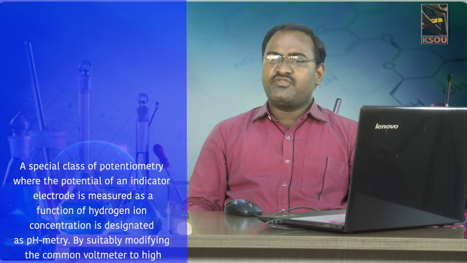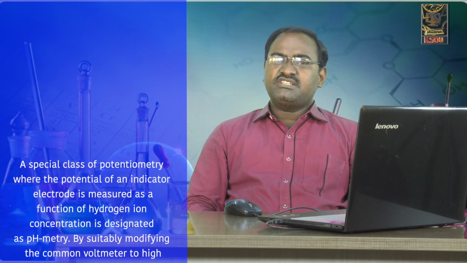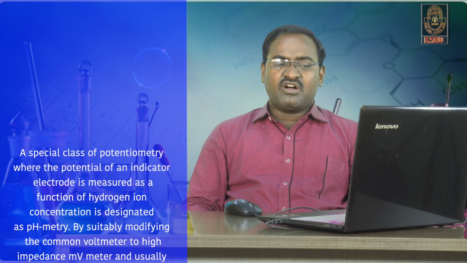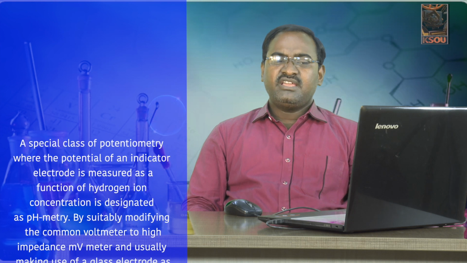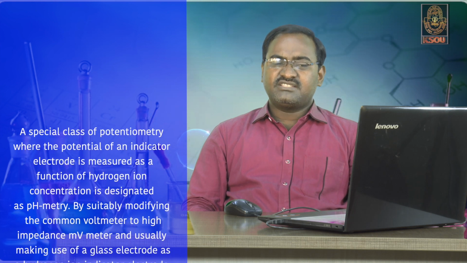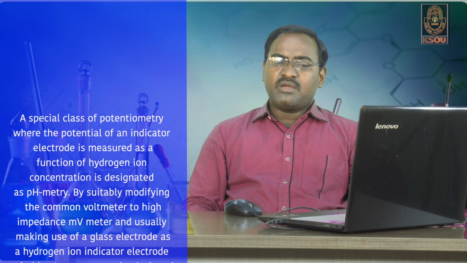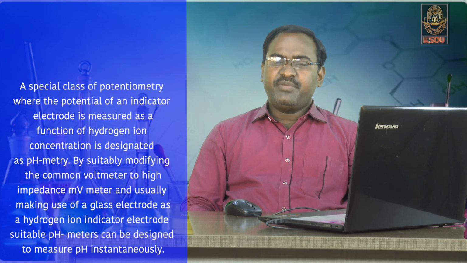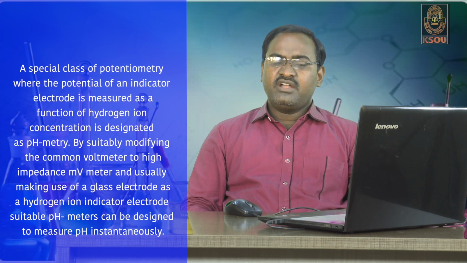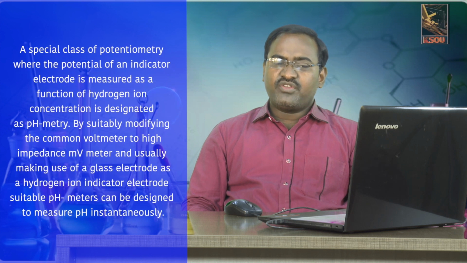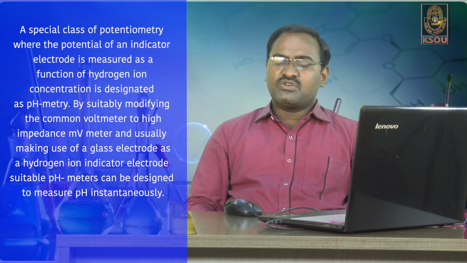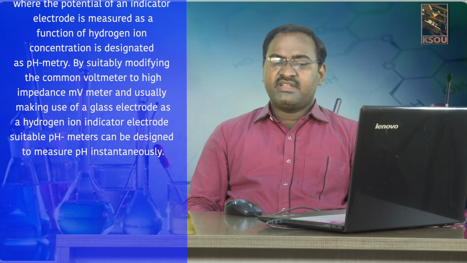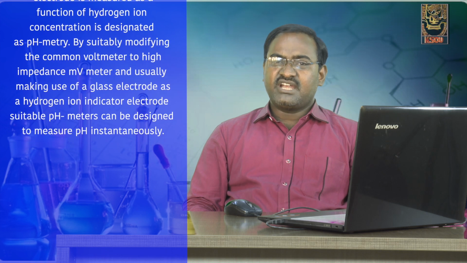A special class of potentiometry, where the potential of an indicator electrode is measured as a function of hydrogen ion concentration, is designated as pH metry. By suitably modifying the common voltmeter to a high impedance millivoltmeter and usually using a glass electrode as the hydrogen ion indicator electrode, suitable pH meters can measure pH instantaneously.